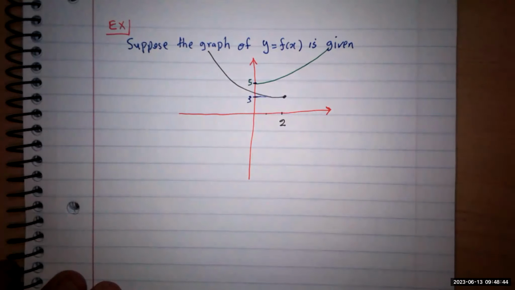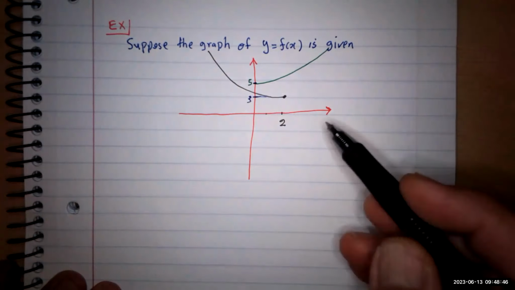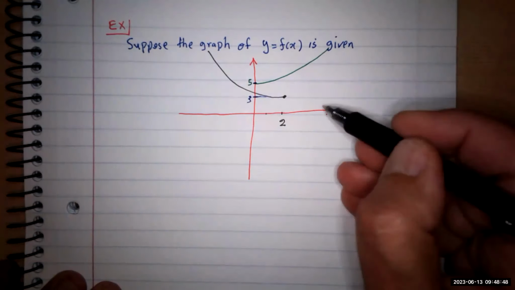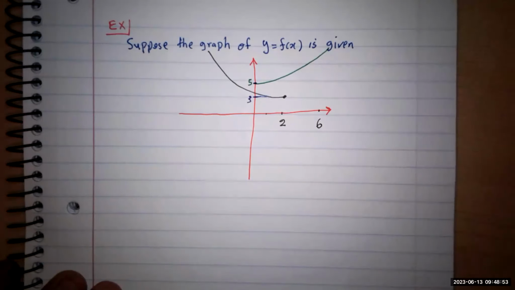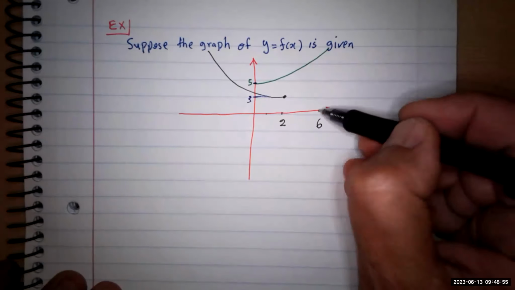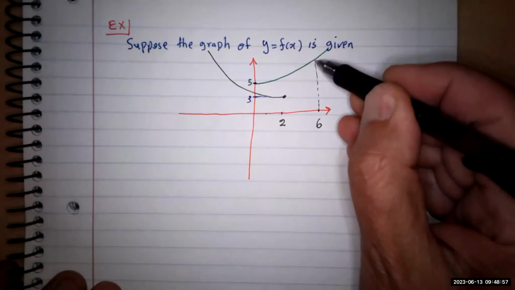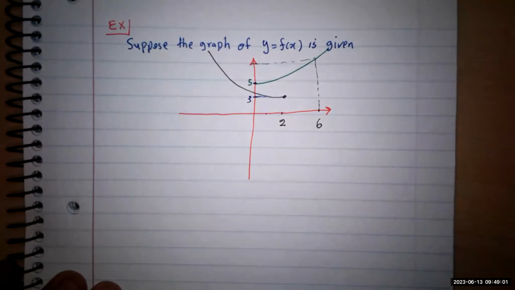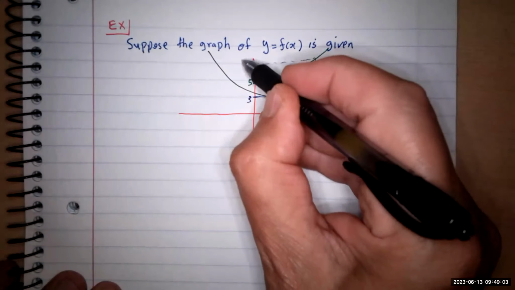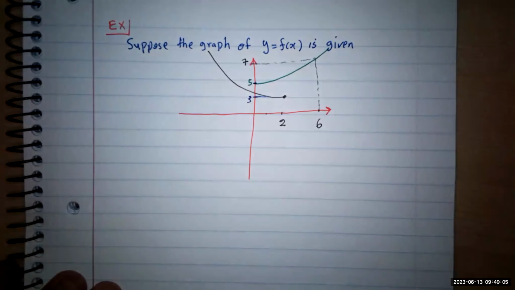What is going to be the next point, something like a 6 here. So that's going to be 6. And then we get these points. Okay, and this point, suppose this is going to be 7. Okay, so this is what we have over here.